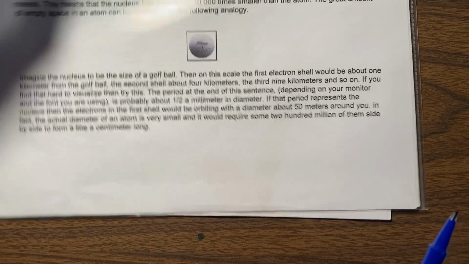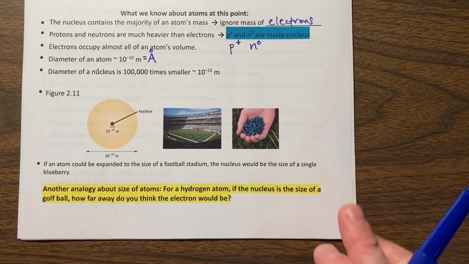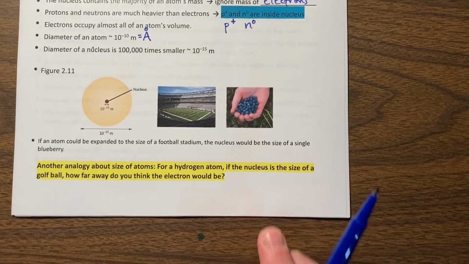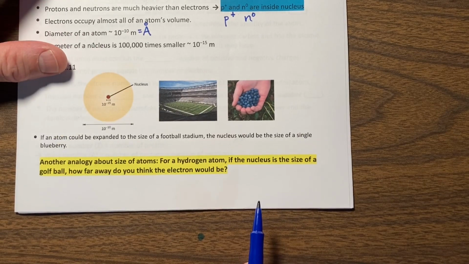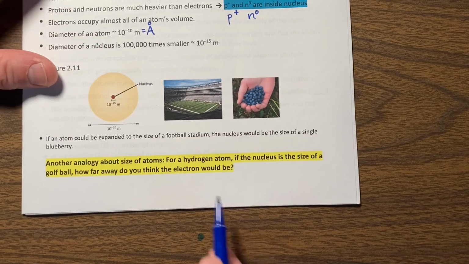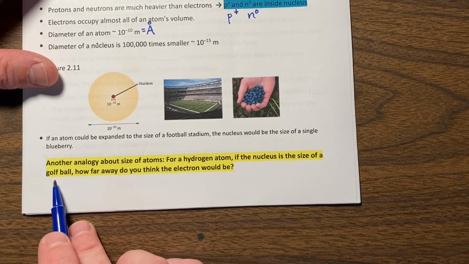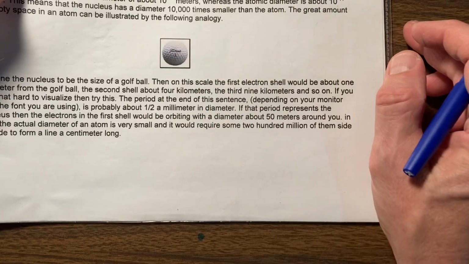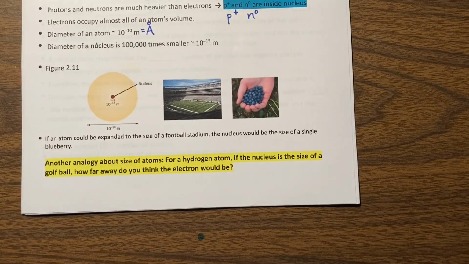Okay, so I'm telling you things you already know. Atoms are incredibly tiny, but they are really mostly empty space. Another way to look at it is, again, if the nucleus were raised to the size of a golf ball, the first electron would be about 1,000 meters away.